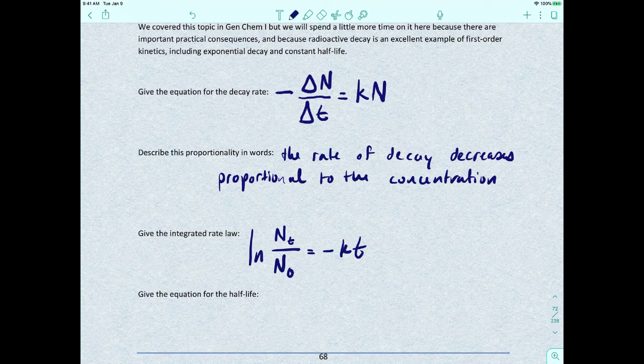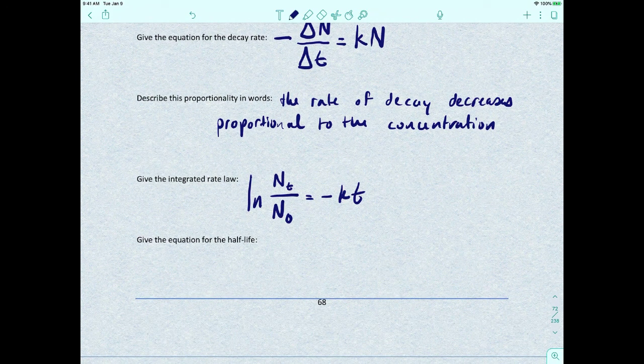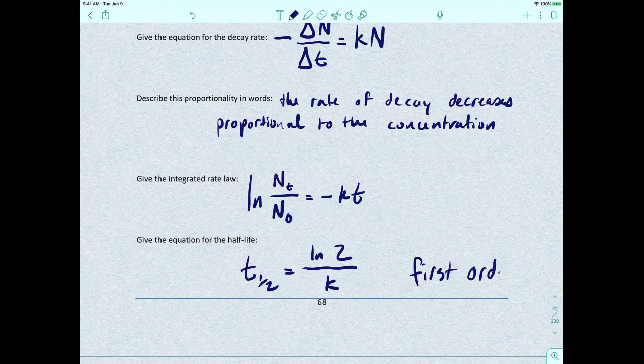And for the half-life equation, to save time and not derive it, half-life would be equal to the natural log of 2, which is about 0.693, divided by K. And this half-life only works if the reaction is first order.